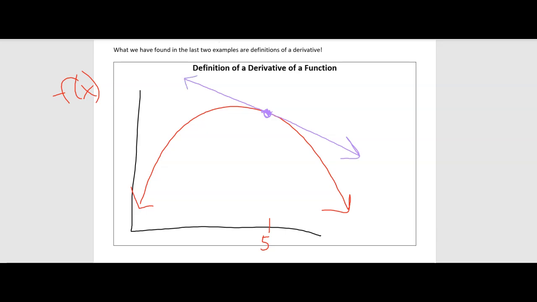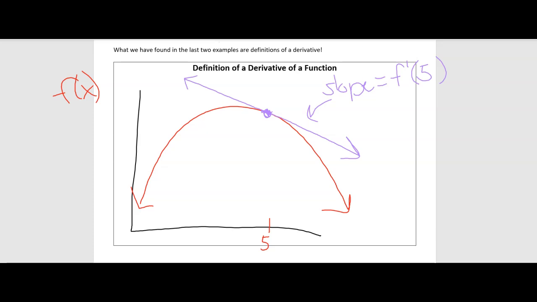So the notation for the slope of the tangent line, this slope, would be equal to f prime of 5. That's just another way of writing what the slope of the tangent line is at a certain point.